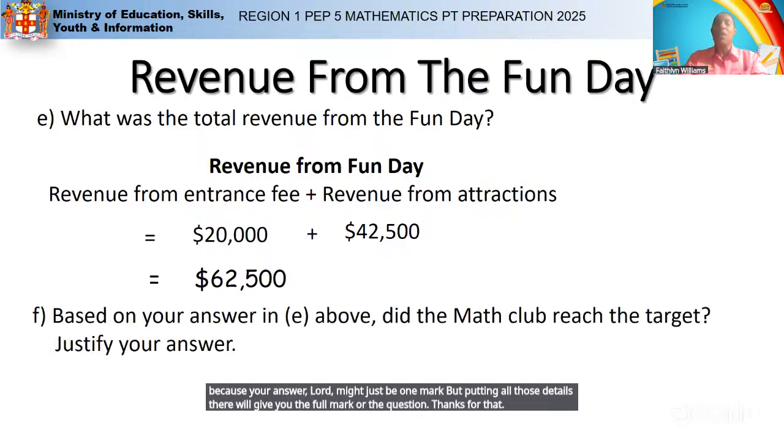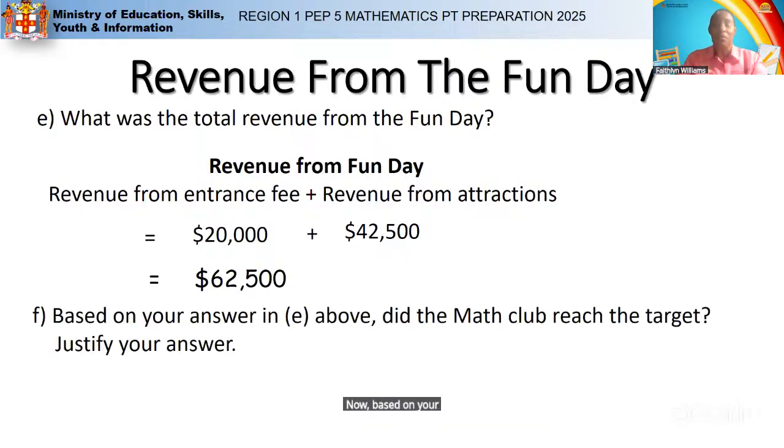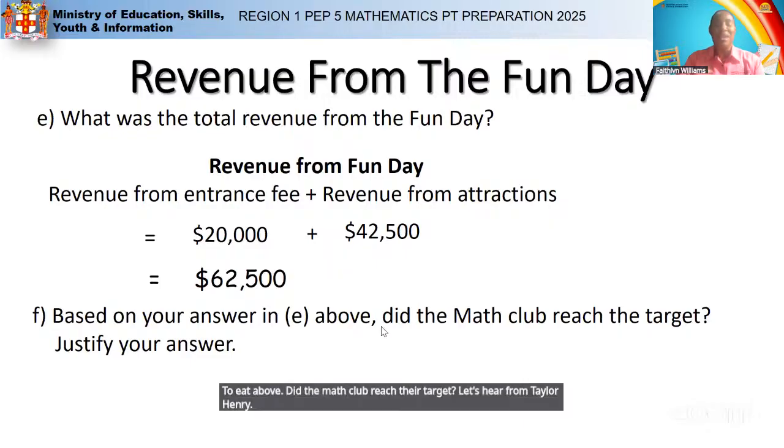Now, based on your answer in E above, did the math club reach their target? It's time to justify your answer based on your answer to E above. Did the math club reach their target? Let's hear from Taylor Henry.